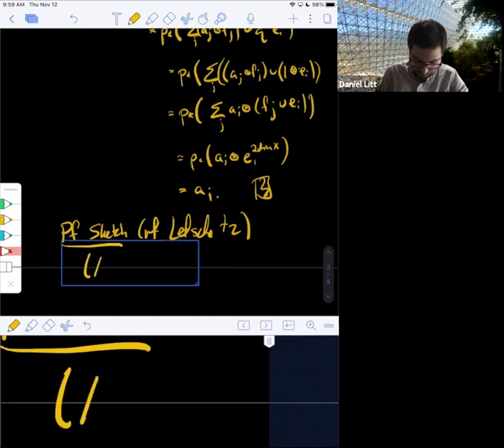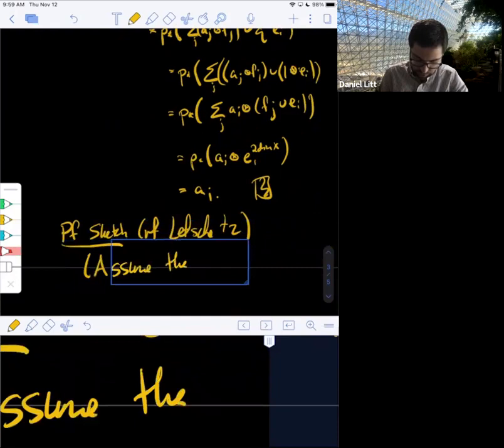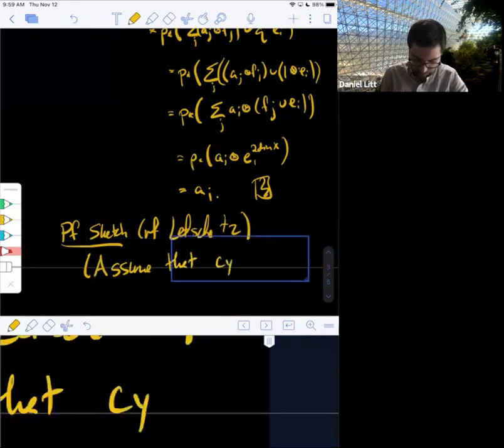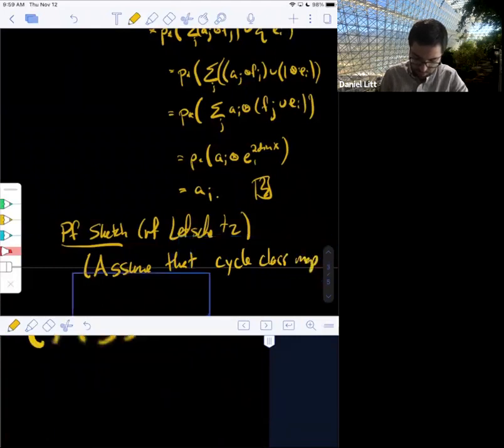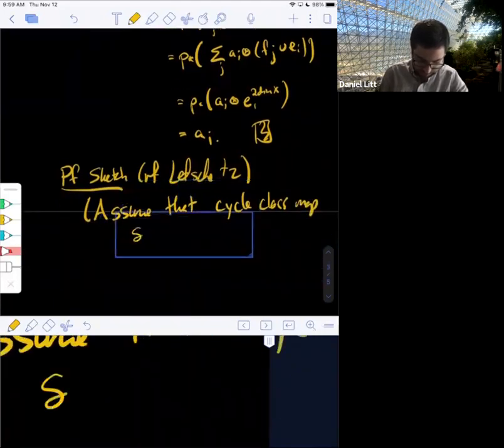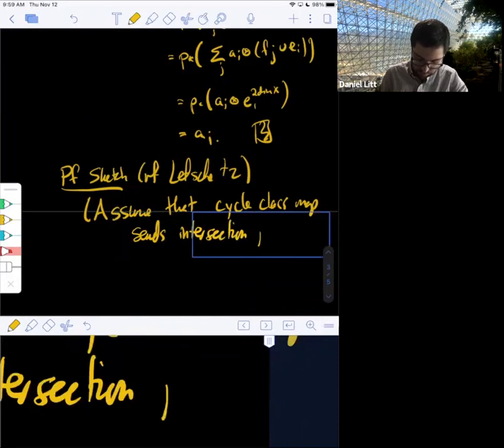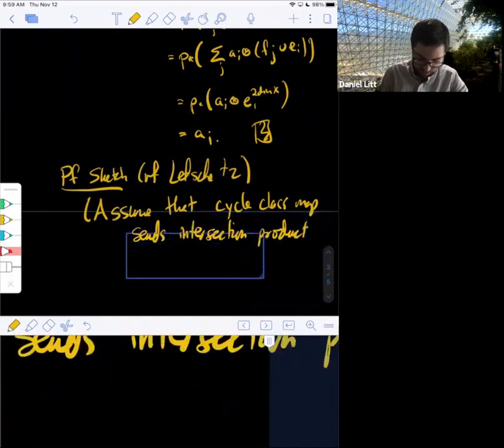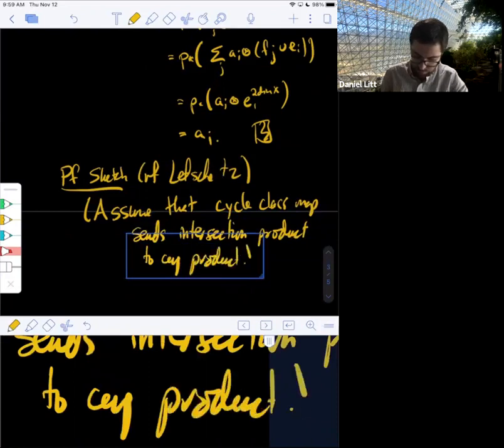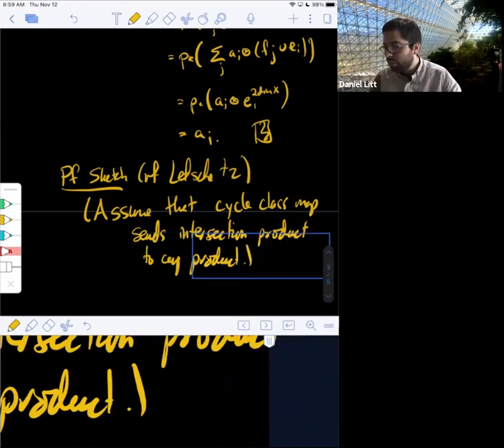So what I'm going to assume, as usual, is that the cycle class map sends the intersection product to the cup product. All right.